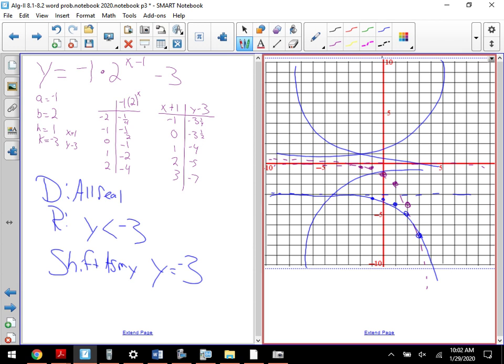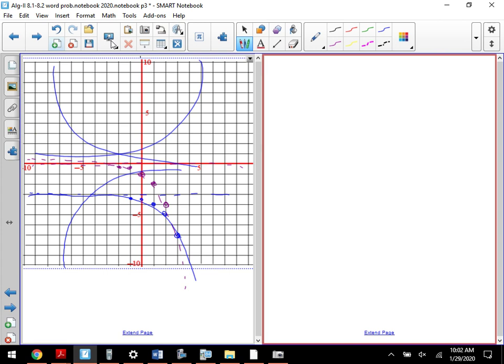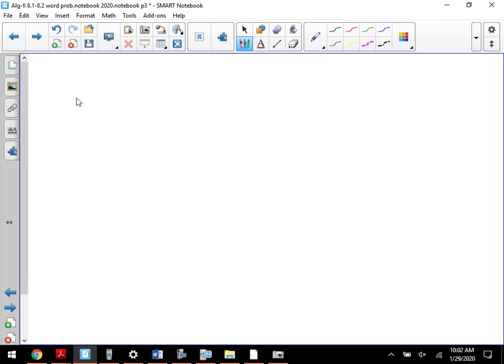The other part on here was, when we did this, and I know this was relatively quick, but what happens if you have this? What is it? Very good.